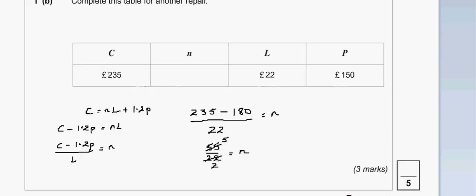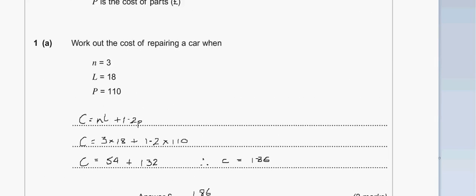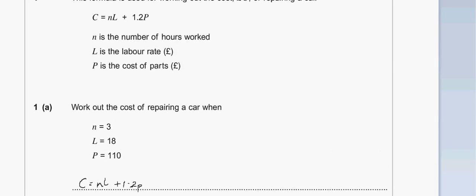Yeah? So 5 over 2 is 5 halves. So 5 halves will give me 2.5. So N will equal 2.5. Now remember, this is in pounds. Okay, if we go back to the original point here, oh sorry, N is the number of hours worked.